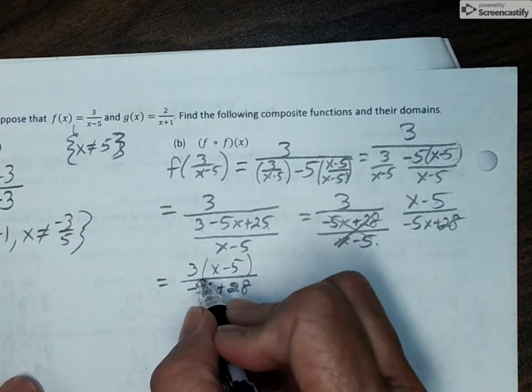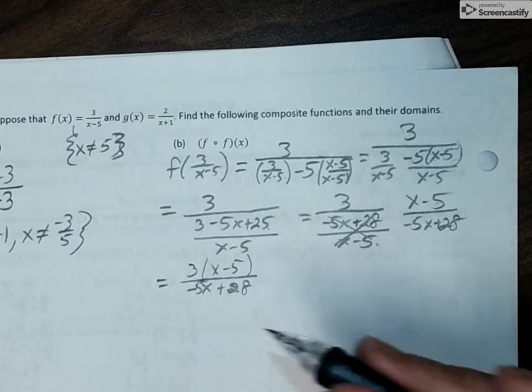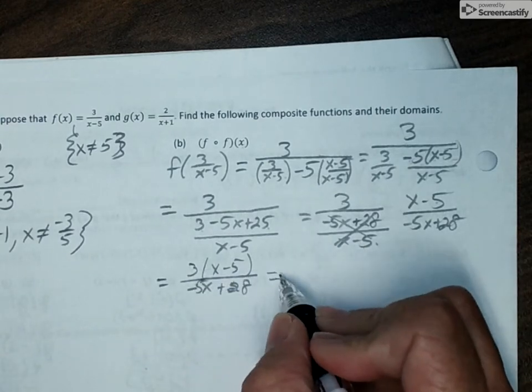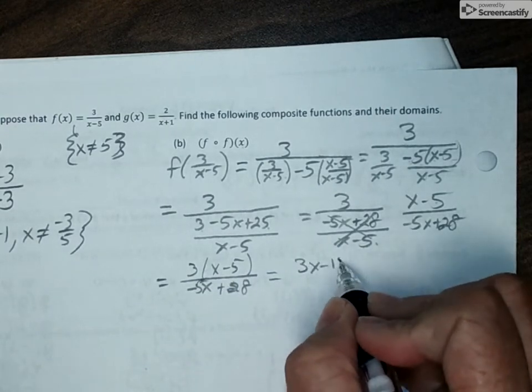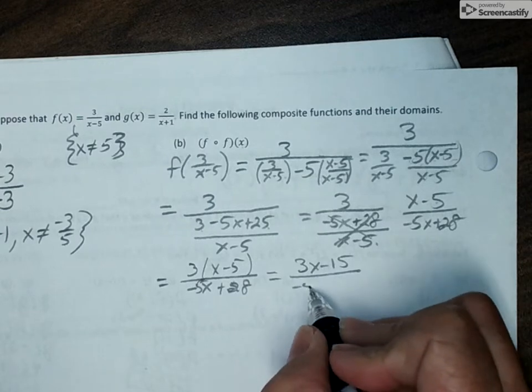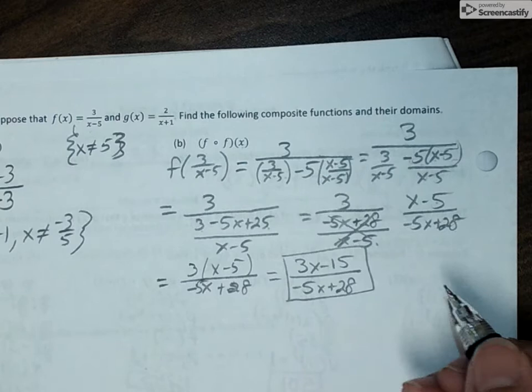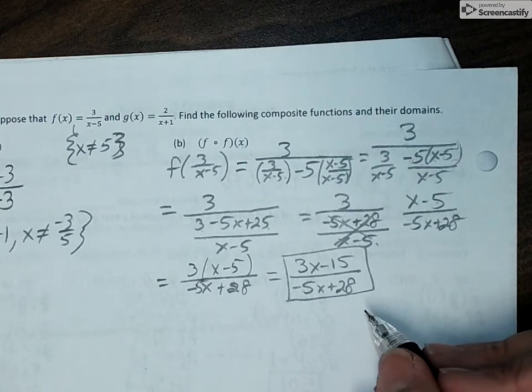Sorry, that 5 does not look good. Negative 5x plus 28 is in the denominator. Okay, well, I guess I could distribute that 3. So it'd give me (3x minus 15) over (negative 5x plus 28). That is f composed with f of x.